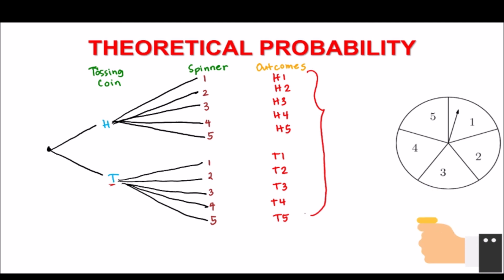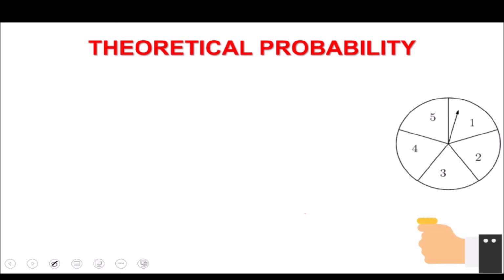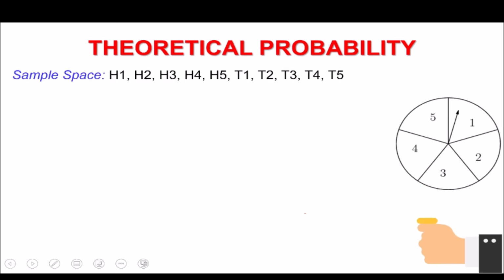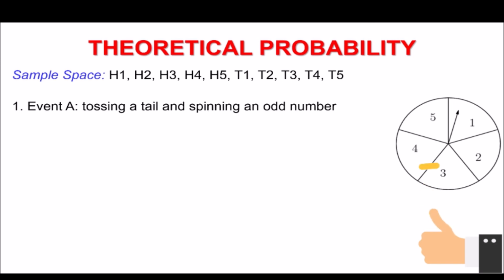Okay. Since we already identified our possible outcomes, we can now solve the two questions. So we list down all the sample space: H1, H2, H3, H4, H5, T1, T2, T3, T4, and T5. The first question is finding the probability of event A, which is tossing a tail and spinning an odd number.